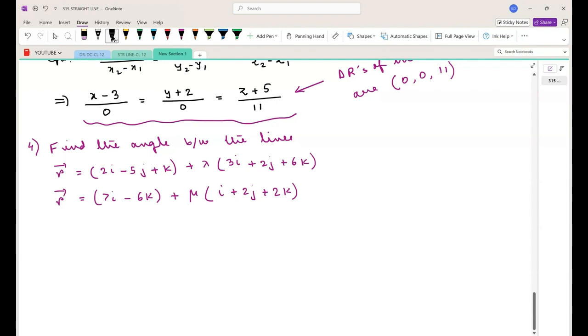So now let us name this line as L1 and this as L2.